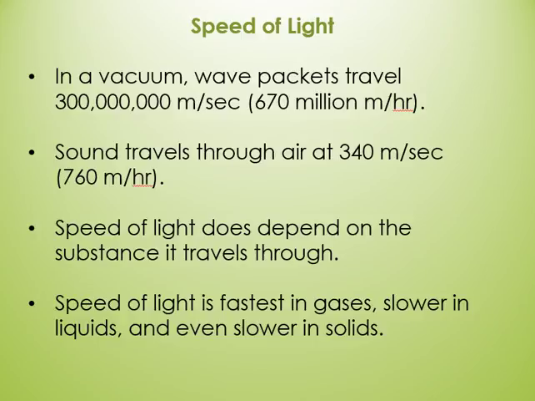Sound travels through air at 340 meters per second, which is 760 miles per hour. The speed of light does depend on the substance it travels through. And the speed of light is fastest in gases, slower in liquids, and even slower in solids. So these are 3 facts that you do need to know.